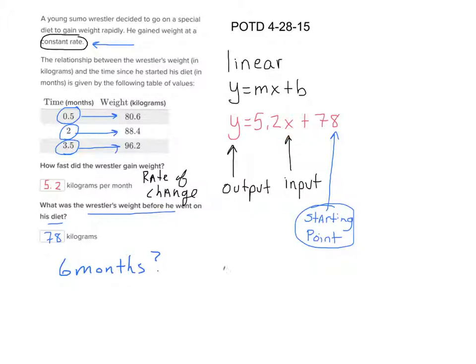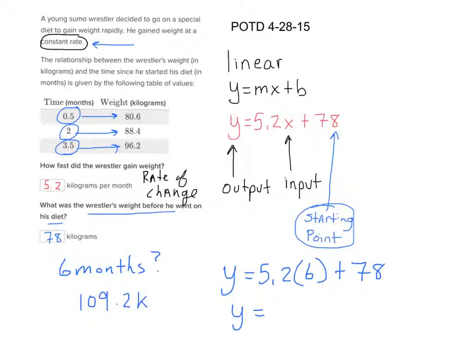So I'd have y equals 5.2 times 6 plus 78, correct? So I've got y equals 109.2 kilograms. So if he stays on his diet, after 6 months, he'll weigh 109.2 kilograms.